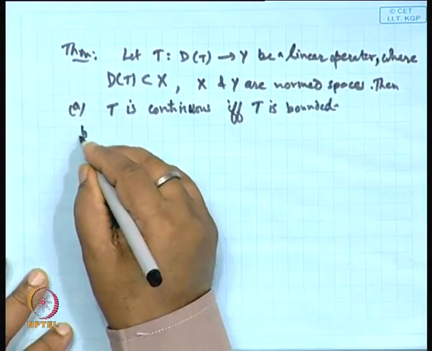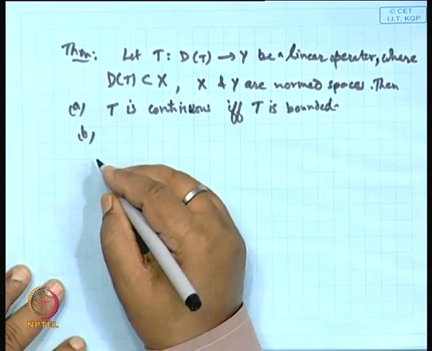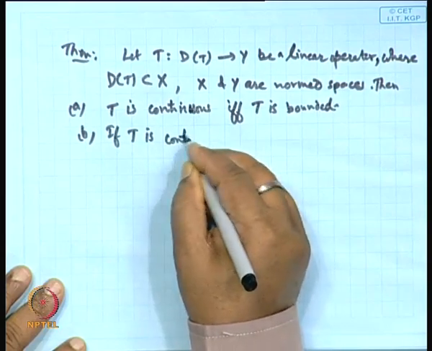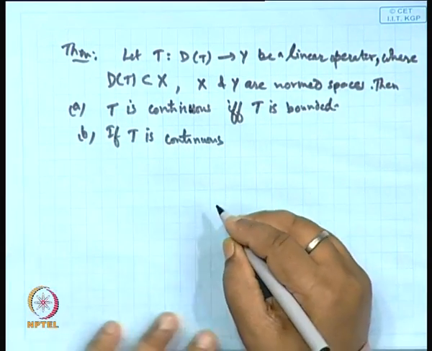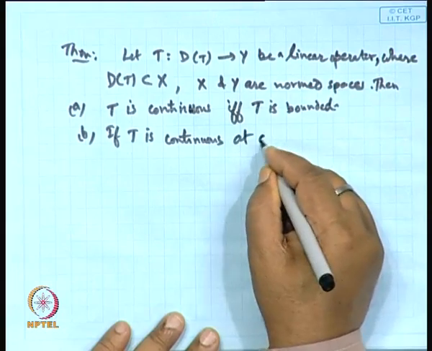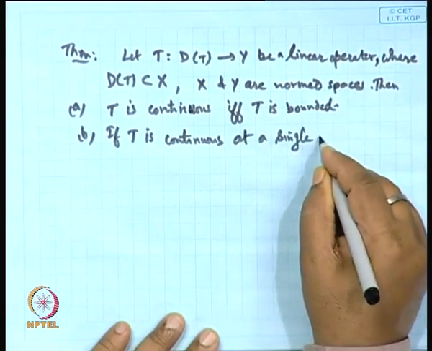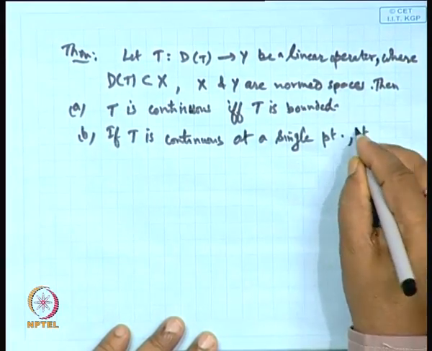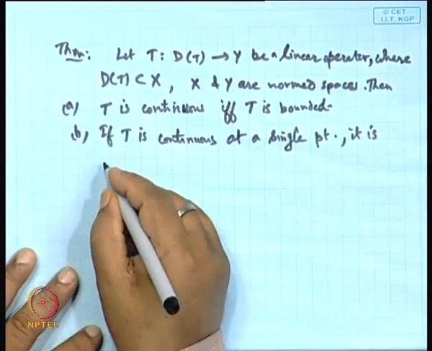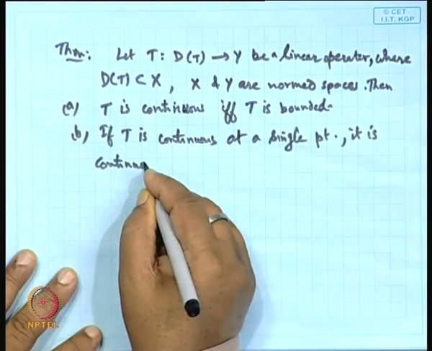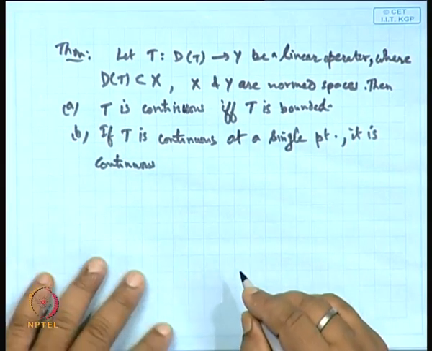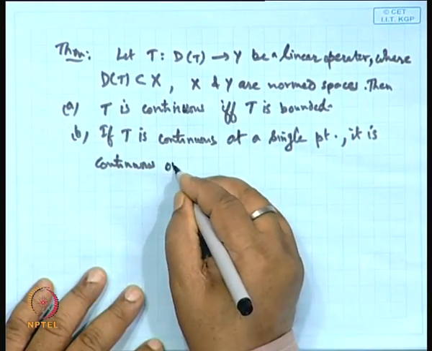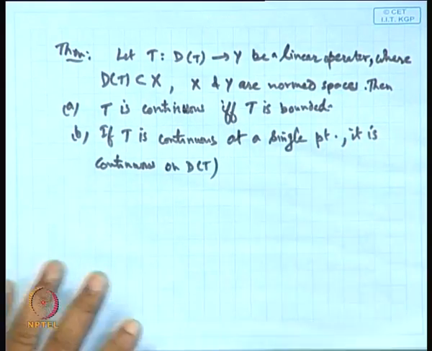Second: if T is continuous at a single point, then it is continuous throughout the domain D(T).